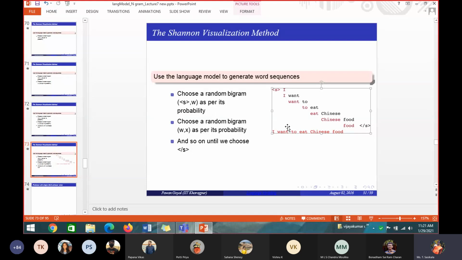I find the bigram probabilities for <s> with I, <s> with want, <s> with eat, <s> with Chinese, and conclude that <s> with I has the highest probability. So <s> followed by I.